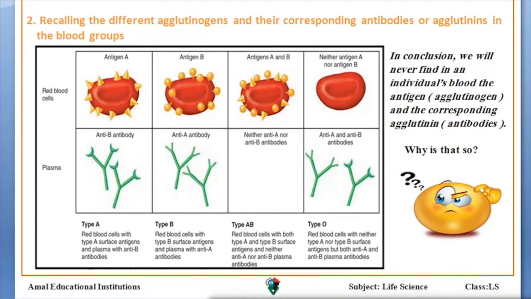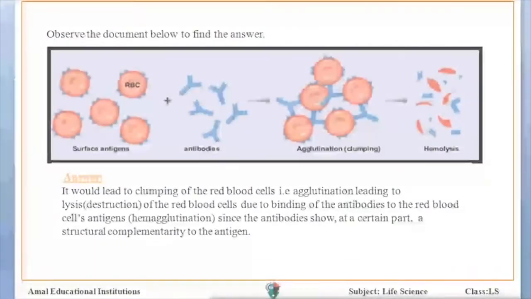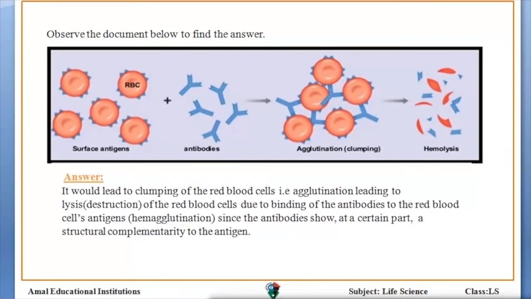The question that arises here is, why can't we find in an individual's blood the antigen and the corresponding antibody? In order to find an answer to our question, let us have a look at the figure which is shown here.